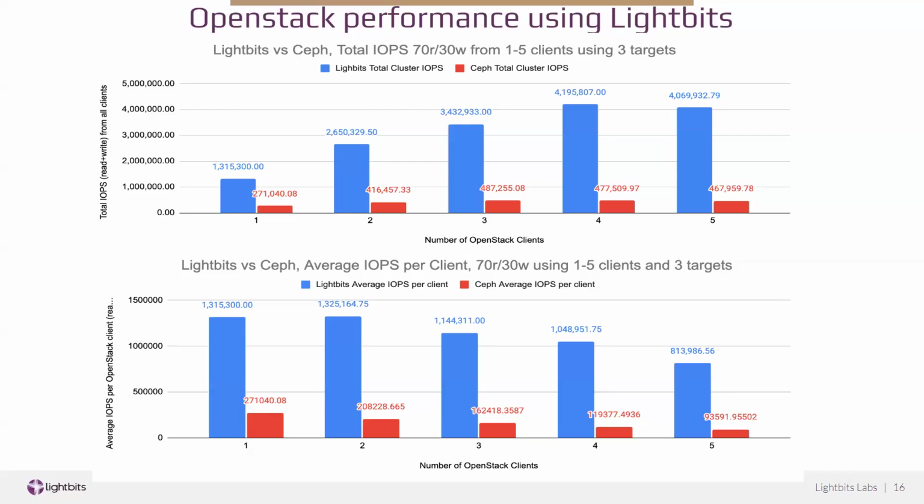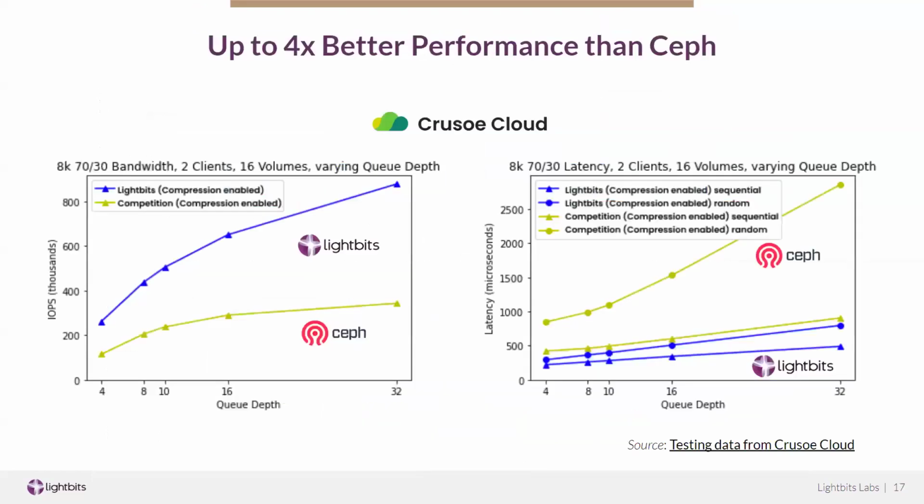You want to increase your IOPS performance or bandwidth, just add more targets into the Lightbits cluster. Performance grows linearly. This is a case study that one of our customers did, Crystal AI Cloud, also versus Ceph.